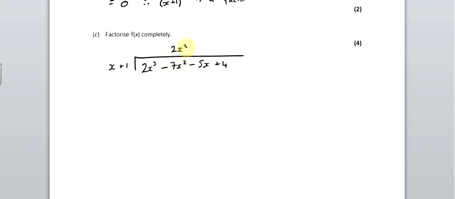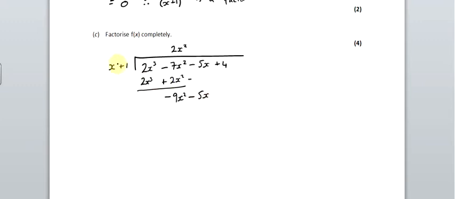And then we take this and multiply it by the x to get 2x cubed, and by the 1 to get positive 2x squared. And then we subtract, so those two go to 0. Minus 7x squared minus 2x squared is minus 9x squared. And then we bring the minus 5x down.